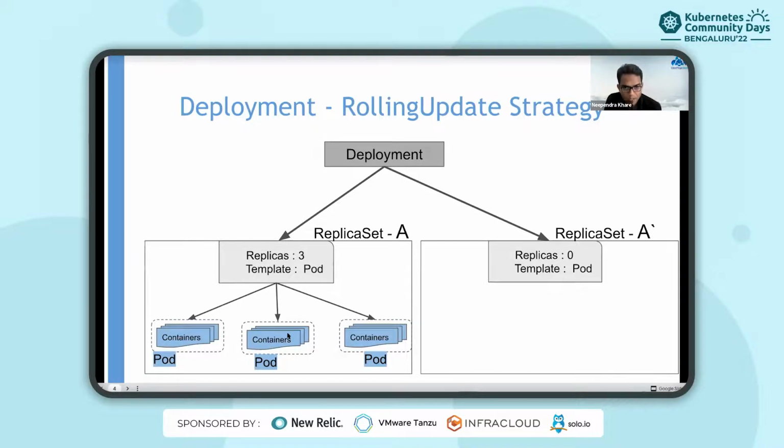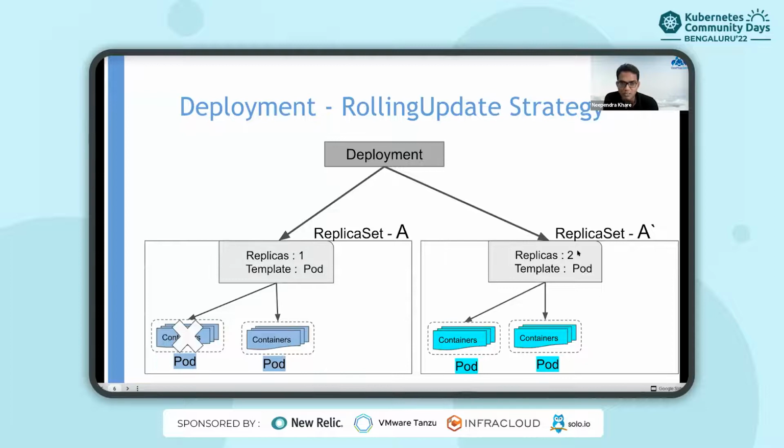In that case, the deployment creates one more replica set in parallel, which currently doesn't have any pod. Now the deployment points to two different replica sets. Then I create some pods in the new replica set and kill some old ones. Correct. This is called rolling updates.